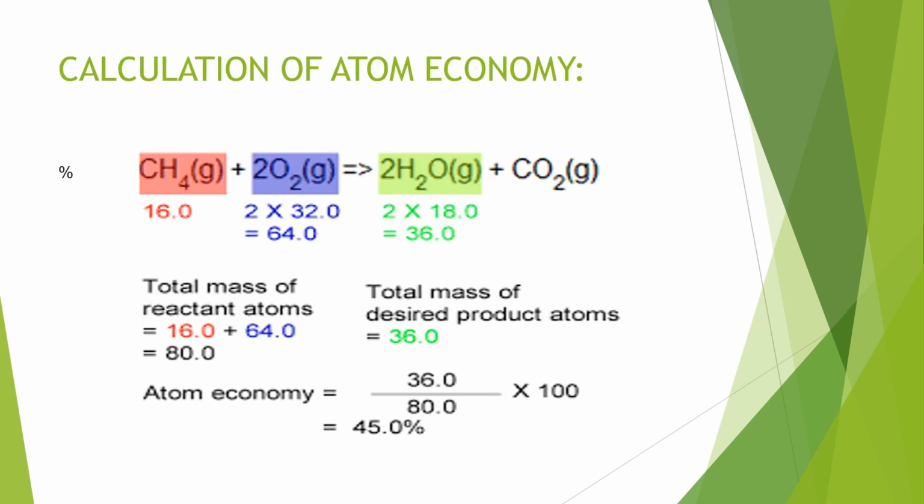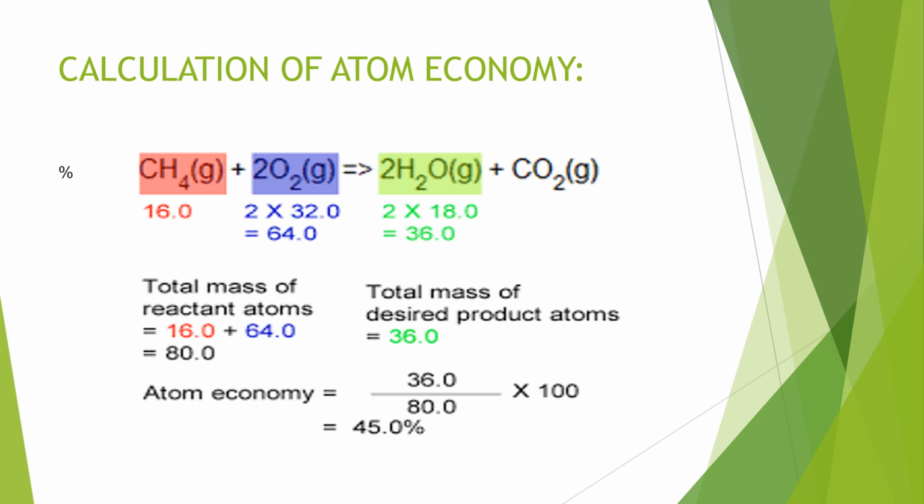What is the calculation? Suppose this is a reaction: methane reacts with oxygen and water and CO2 are formed. How can we calculate? This is the molecular formula of CH4. Carbon is 12 plus 4, 16. 2O2, 2 times 32, 64.